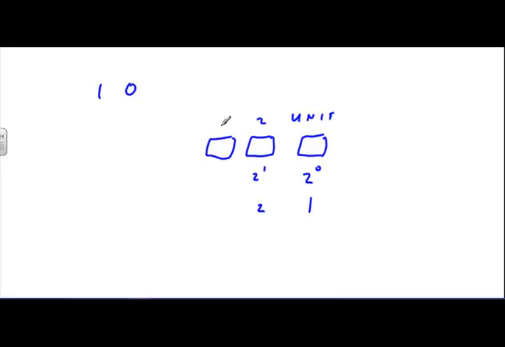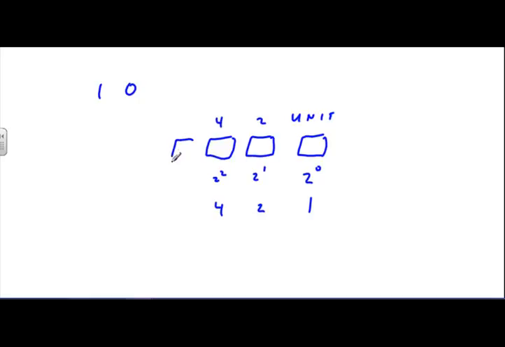So for base 2, we have 1s and we have 0s. That's all we got. We have the units place. Right there, there's the units place, and it's 2 to the 0, which is a 1. And then we have the 2's place, 2 to the first. Those are 2s. And then we have the 4's place, 2 squared. We'll put a 4 there.